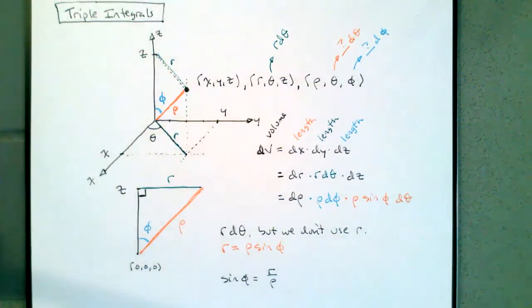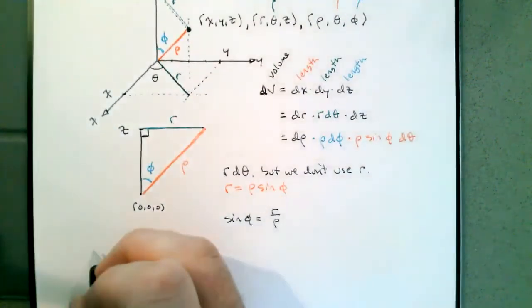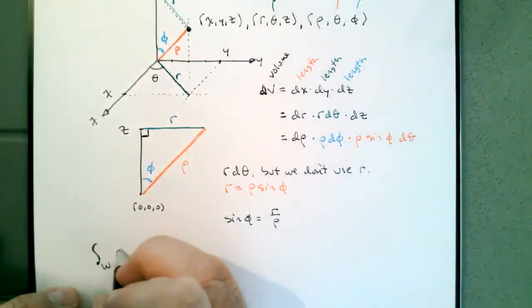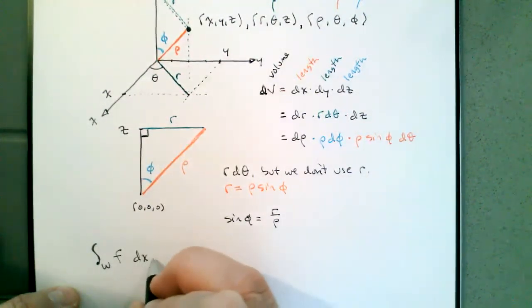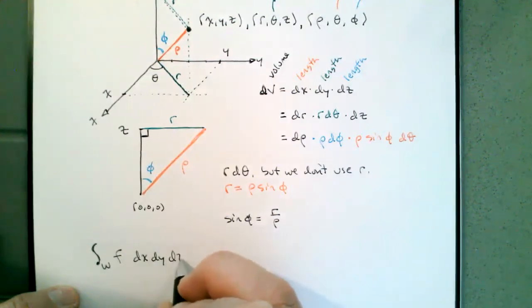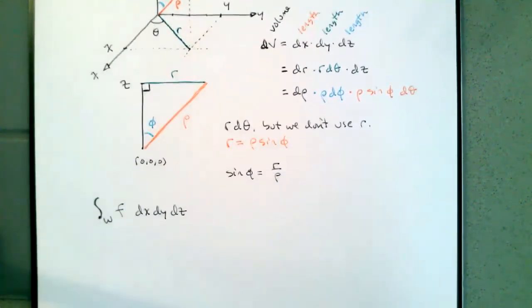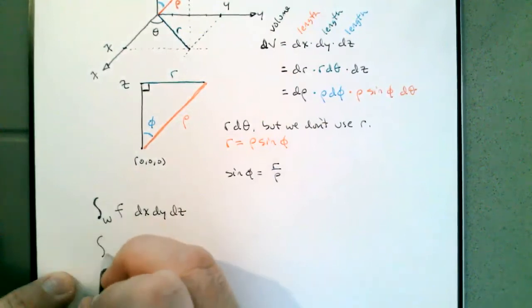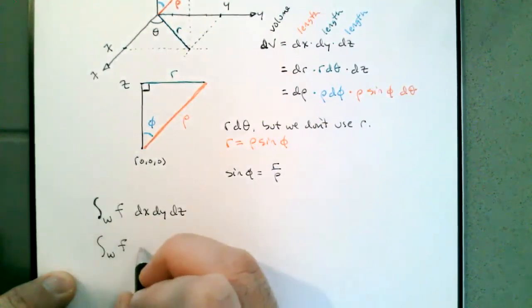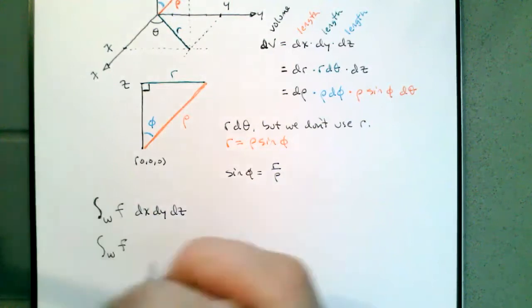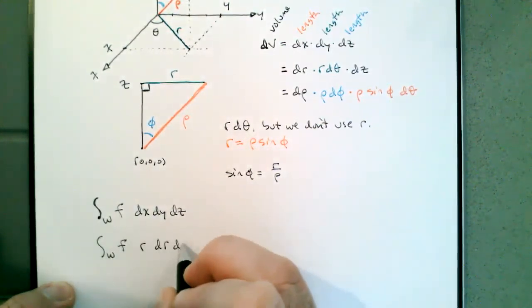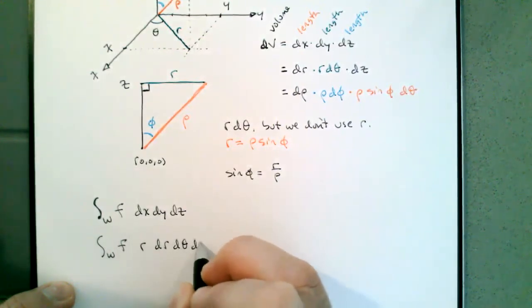So our triple integral in rectangular coordinates will just be dx dy dz. Our triple integral in cylindrical coordinates, we'll need an r dr d theta dz.